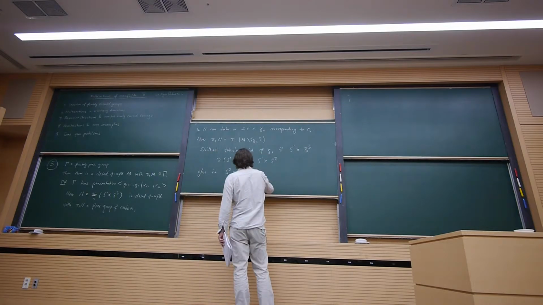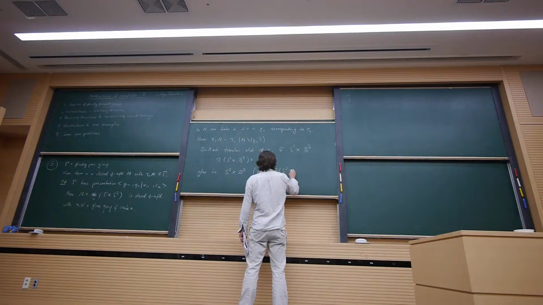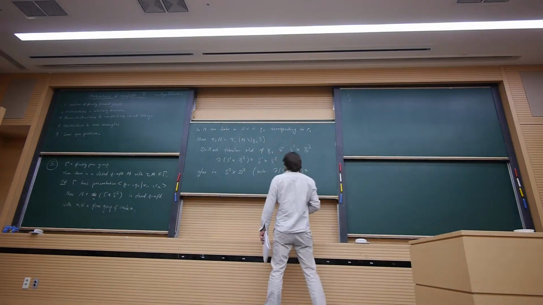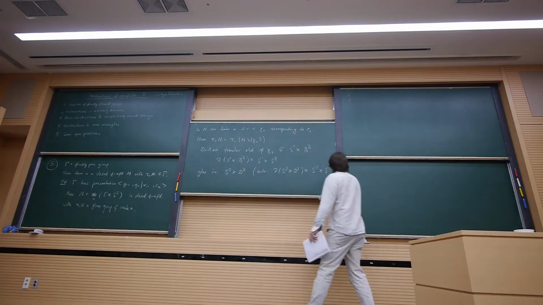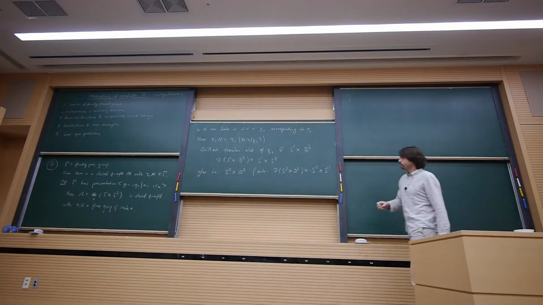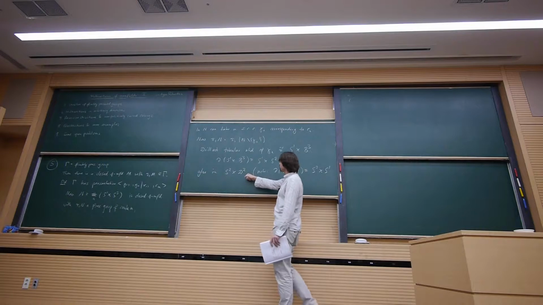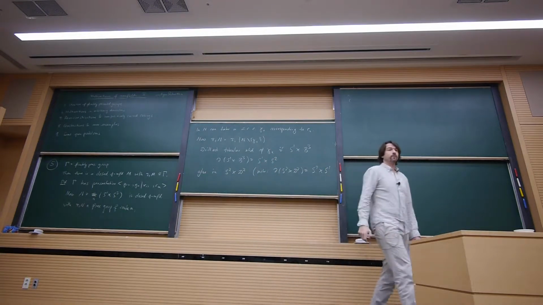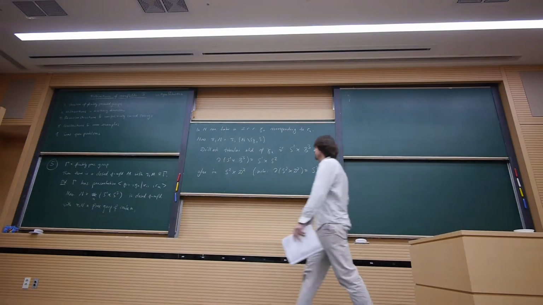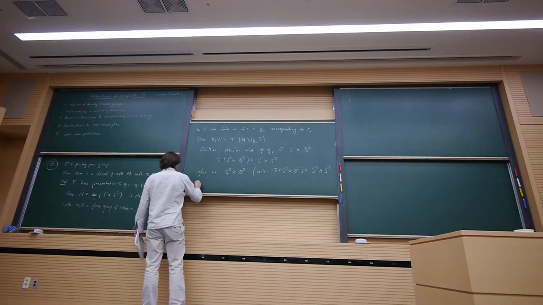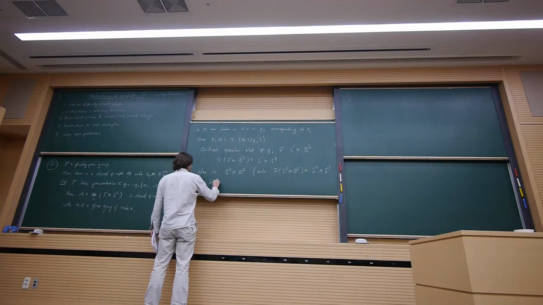Here note, of course, that the boundary of S2 times D2 is the same as this here, S2 times S1. And this has fundamental group the trivial group, and so by Seifert van Kampen, we get a manifold with the fundamental group that we wanted. So by Seifert van Kampen.